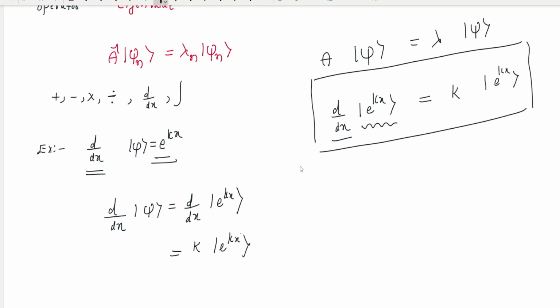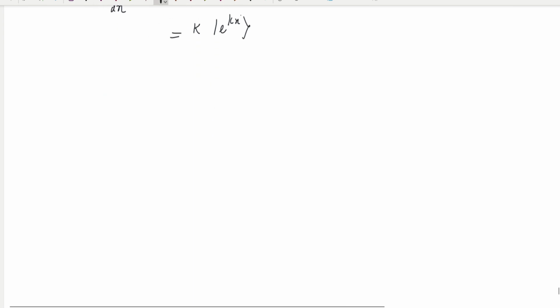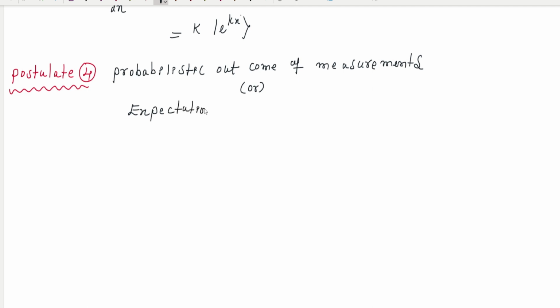Next, fourth postulate. Postulate 4: probabilistic outcome of measurements, or expectation values.